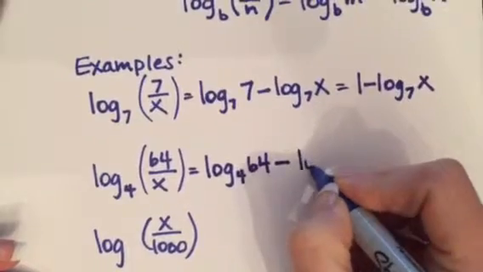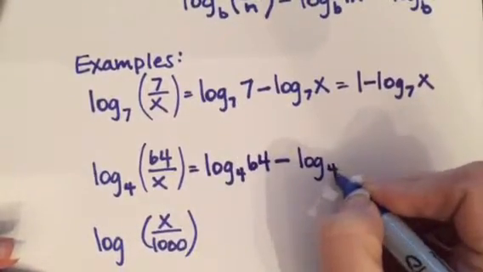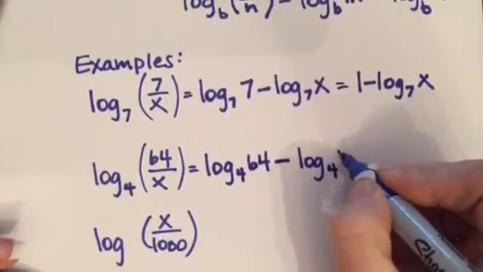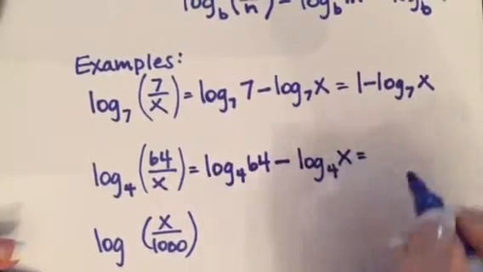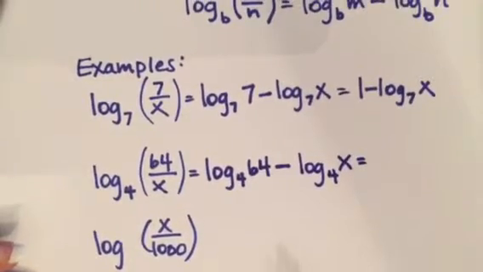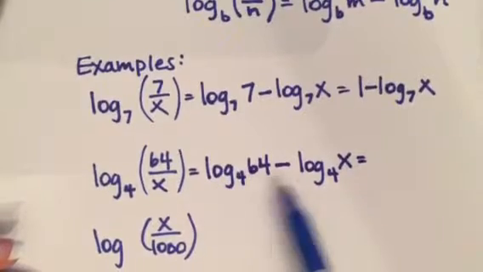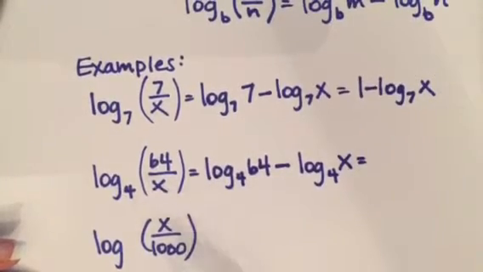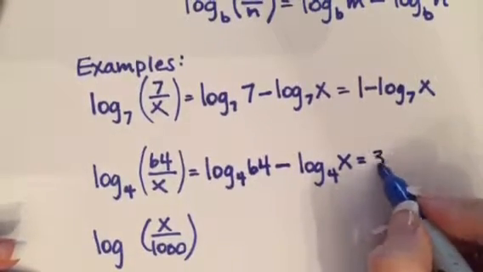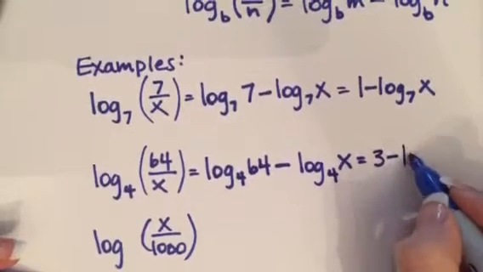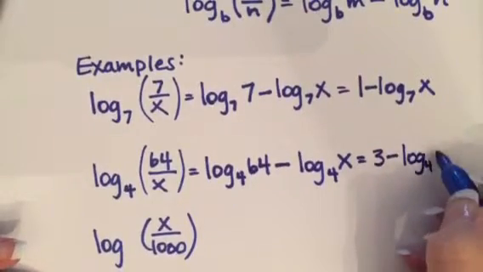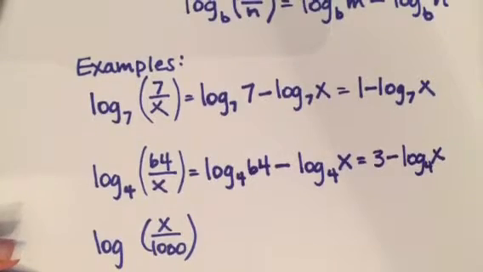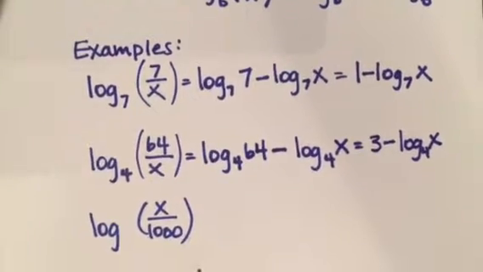The denominator is the negative piece when we are subtracting. Okay, and looking at these 2 logarithms, we recognize that 64 is indeed a power of 4, so this expression can be simplified to just 3. So 3 minus log base 4 of x. All right, moving on.